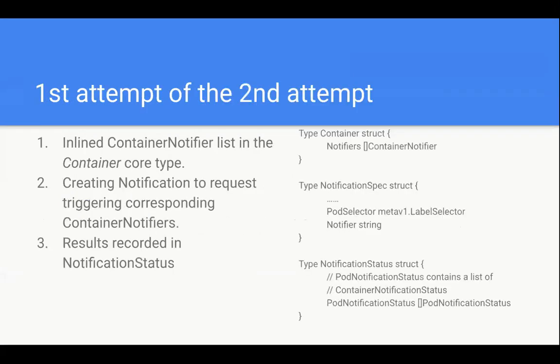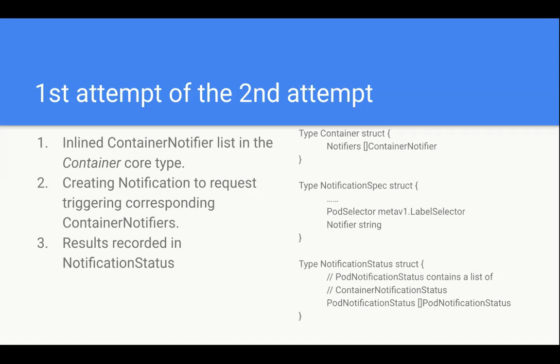So we have two attempts. This is the first attempt; in the second attempt, the core idea is to have an inline container notifier, actually a list of container notifiers, in the container core type.